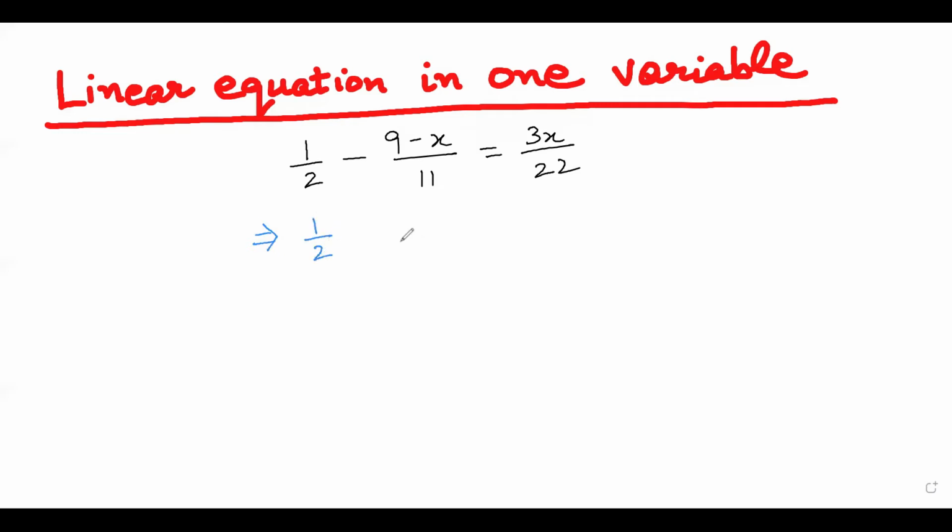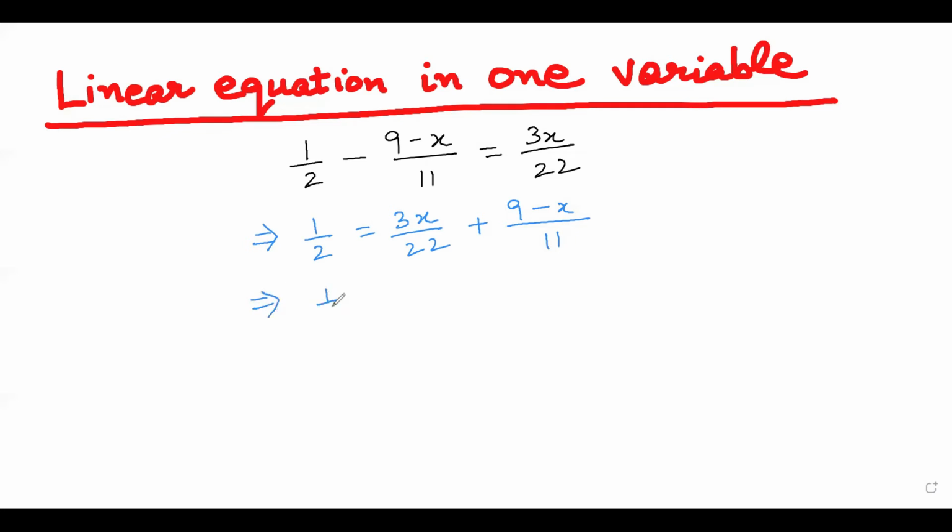This means that whatever we are writing is coming from the above written equation. So we have taken the term 9 minus x over 11 to the right-hand side, and it has changed its sign.